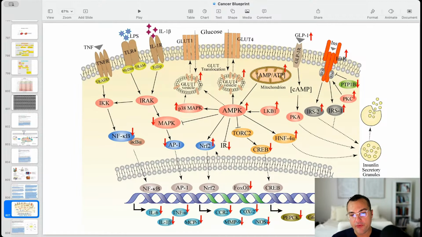It's going to have important effects on the PGC-1 alpha pathway, as well as upregulating glucose transporters so that more glucose is available. It's going to have effects on ATP-AMP ratios for mitochondria. It's going to have important effects on stimulating insulin secretion and improving insulin receptors on the actual cell membrane.